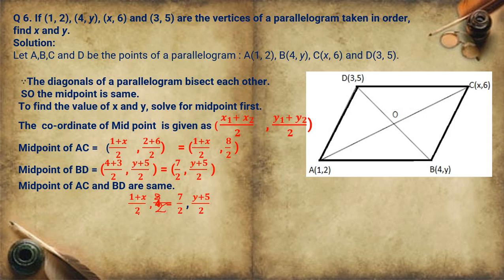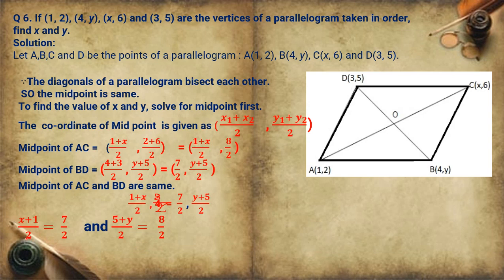As (1 plus x) upon 2 is the x coordinate, similarly 7 upon 2 is also the x coordinate, so equating these two. Similarly, 8 upon 2 and (y plus 5) upon 2 are the same y coordinate. That means (x plus 1) upon 2 equals 7 upon 2, and (5 plus y) upon 2 equals 8 upon 2, or 4, anything we can write.